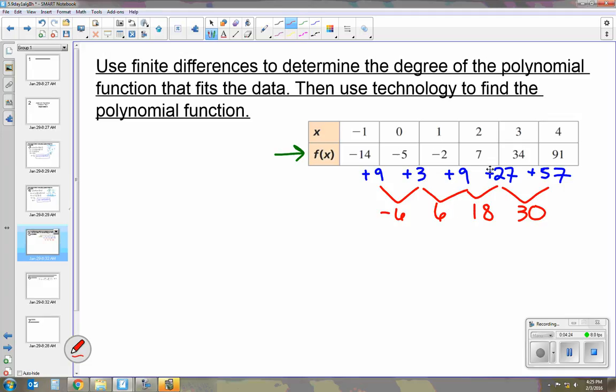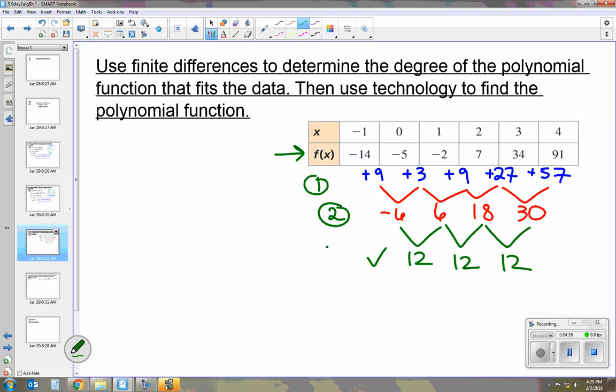These aren't the same numbers, so we're going to do another layer. -6 to 6 is 12, 6 to 18 is 12, and 18 to 30 is 12. All of the differences are the same, so it's 1, 2, 3. It's in our third degree, so that is going to be a cubic.